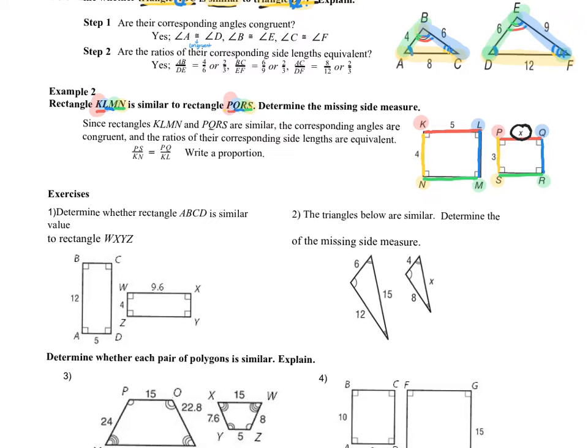So for example, I would do KL over a side that we know, so we're going to do yellow. So KL over KN. And then PQ over PS.